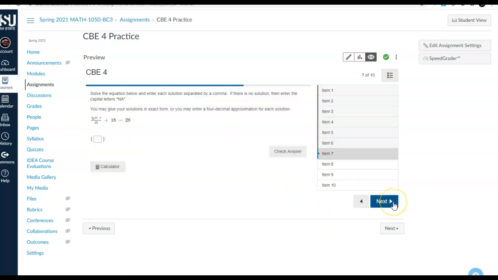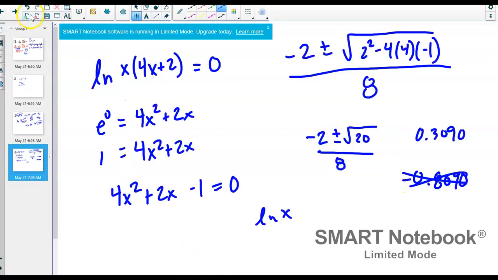Okay, next one, solving another exponential here. So we've got 7e to the 4x minus 5 all over 15 plus 18 equals 28. So I'm going to get my exponential by itself and then change its form like we've been doing here.